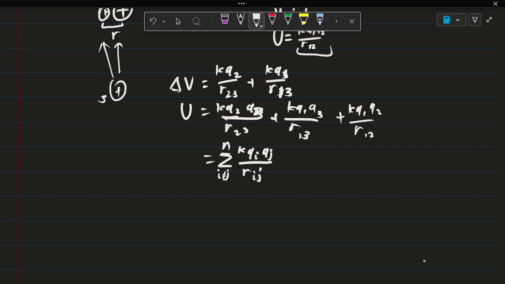So rij means the distance between particle i and particle j, and Qi and Qj mean the charge at i as well as the charge at j, and the k here is just a constant. So this gives a very useful formula to formulate the potential energy of an entire system.